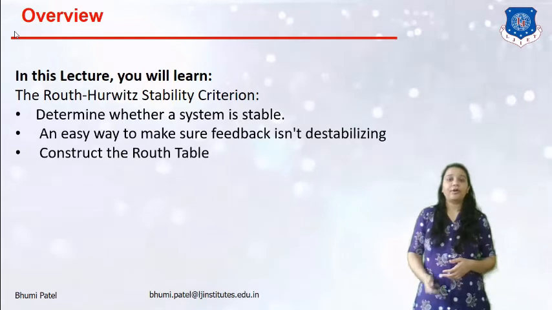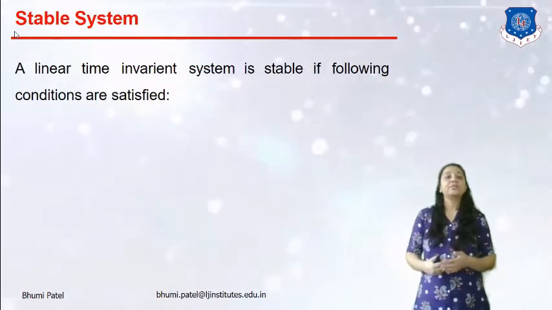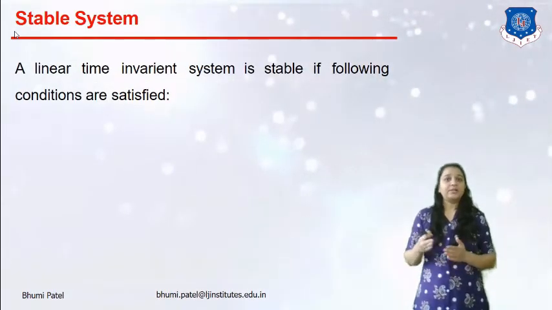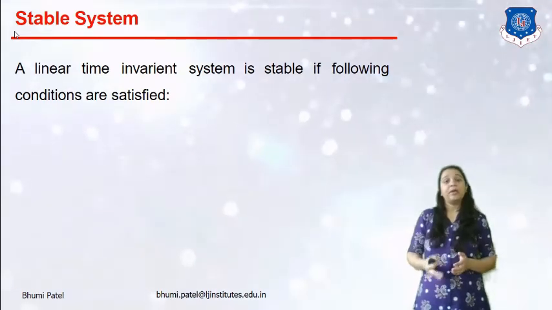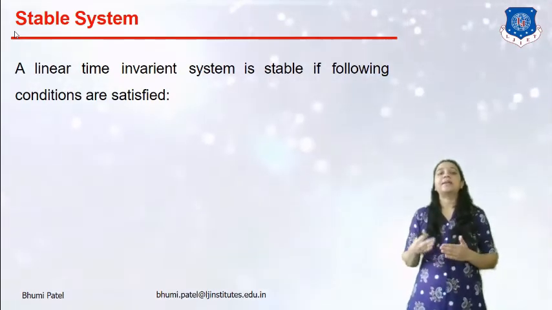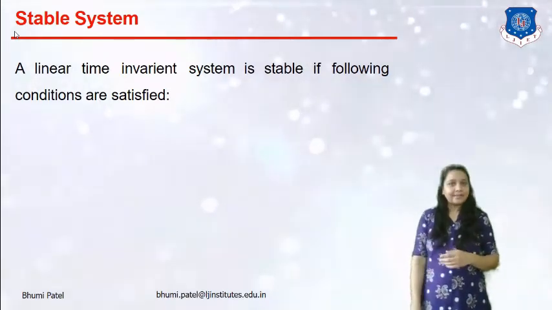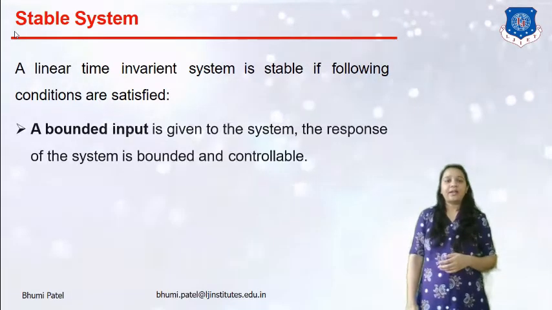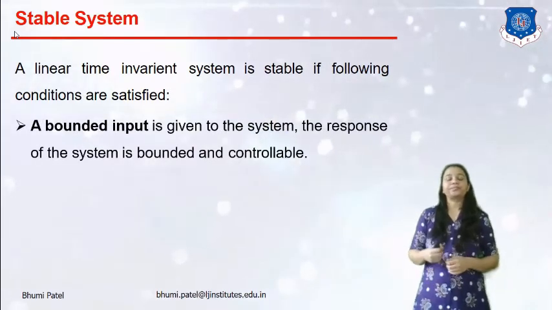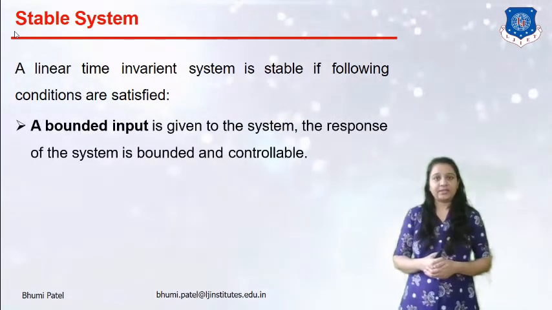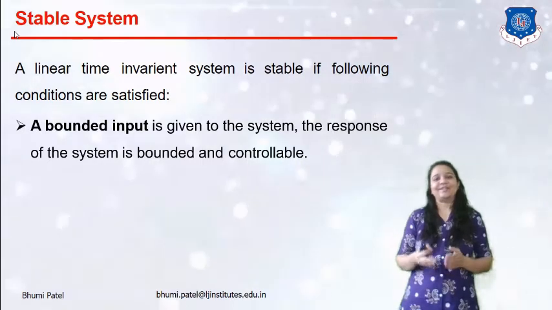So first of all, in the last session we studied the stable system. What is a stable system? A linear time invariant system is stable if the following conditions are satisfied. A bounded input is given to a system, and the response of the system is bounded.